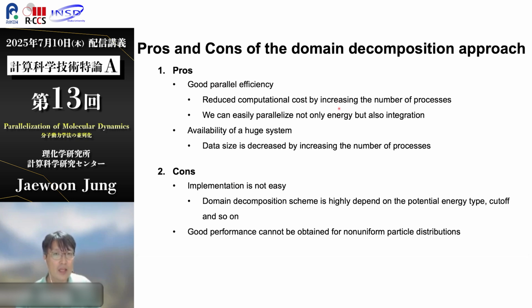Using this scheme, by increasing the number of processors, we can reduce the overall computational cost. And we can parallelize every part using this scheme. Even for a very, very large system, by making use of a large number of processors, we can somehow simulate it.